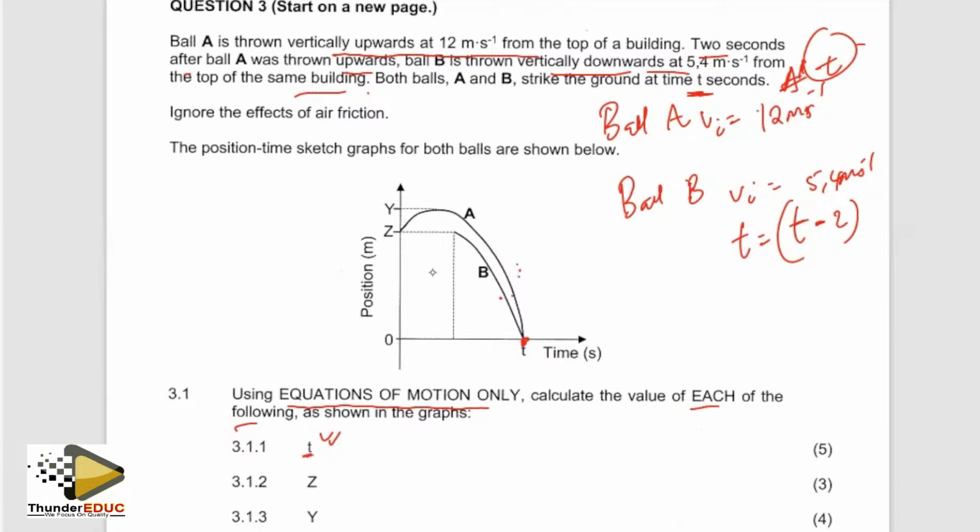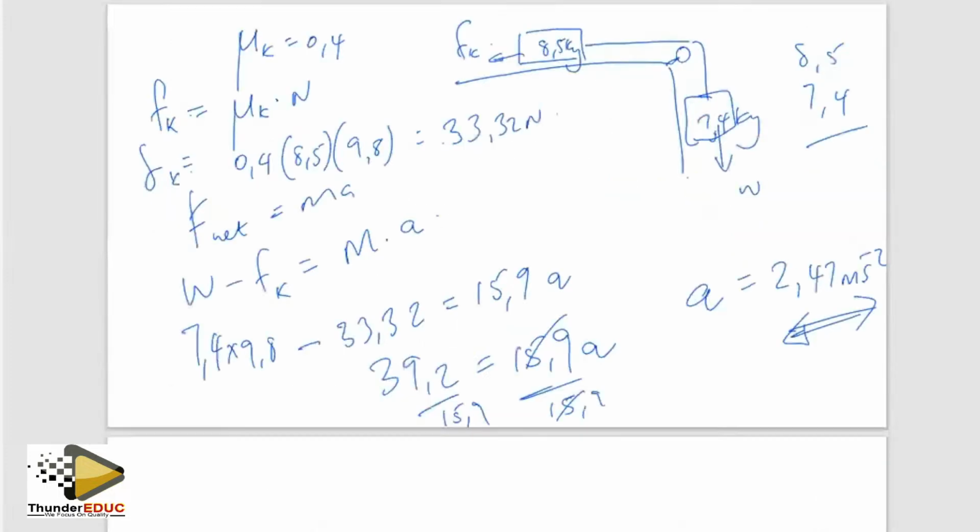In other words, displacement of the 2 bodies will exactly be the same. So delta y of A must be the same as delta y of B. I'm going to look at body A first, or I'll call it ball A.